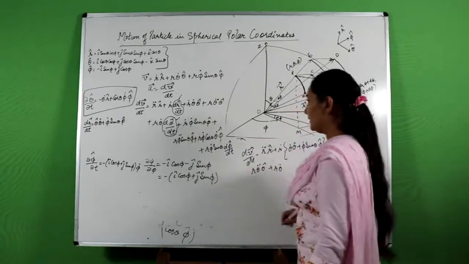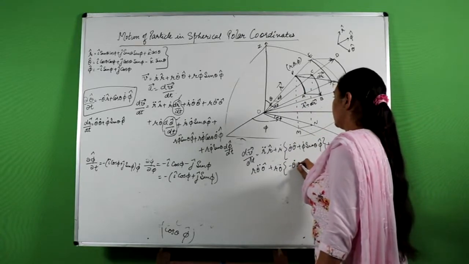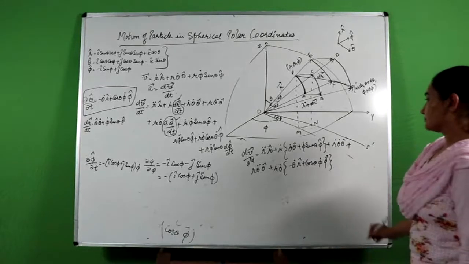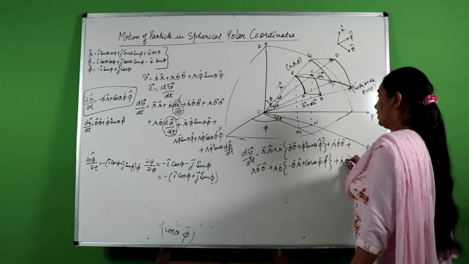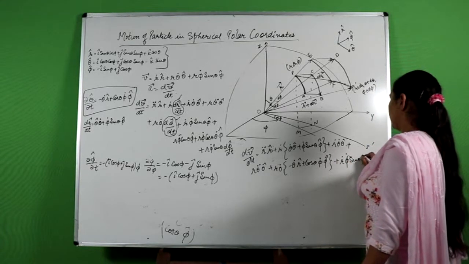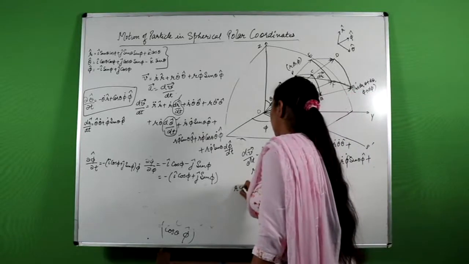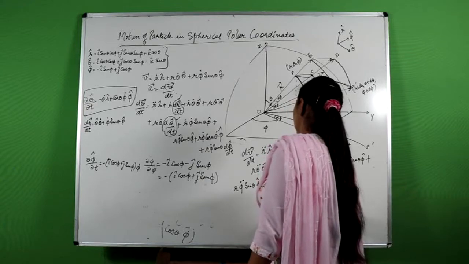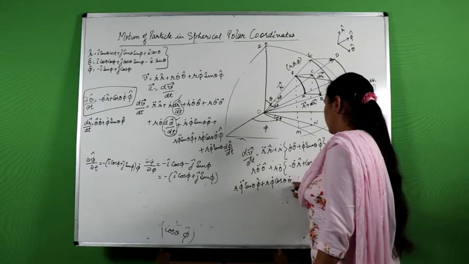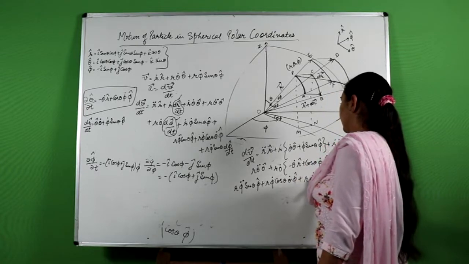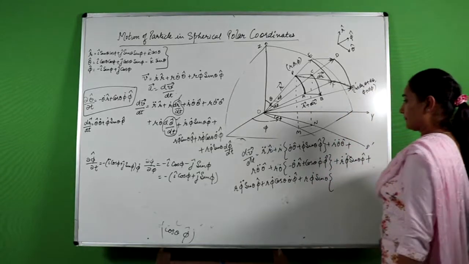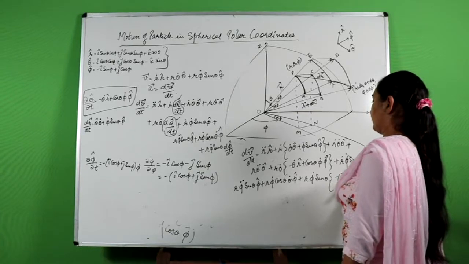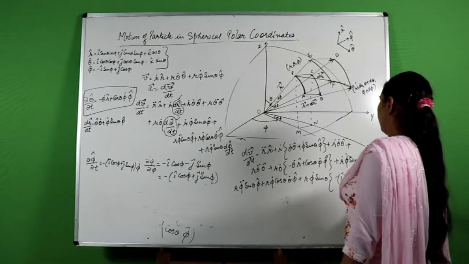Now you will put the value of d theta by dt, that is your minus theta dot r cap plus cos theta phi dot phi cap, plus r dot phi dot sin theta phi cap plus r phi dot sin theta phi cap, r phi dot cos theta into phi cap, r phi sin theta, that is minus i cap cos phi plus j cap sin phi into phi dot.